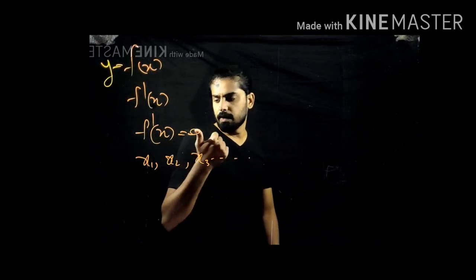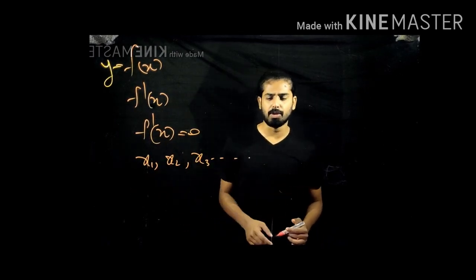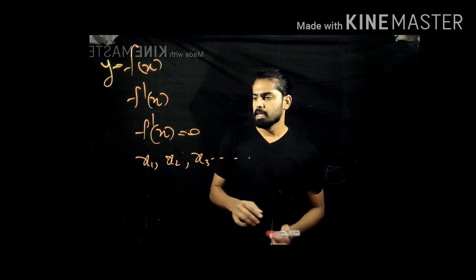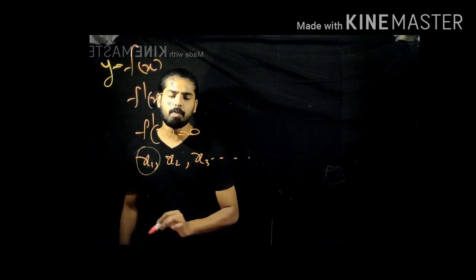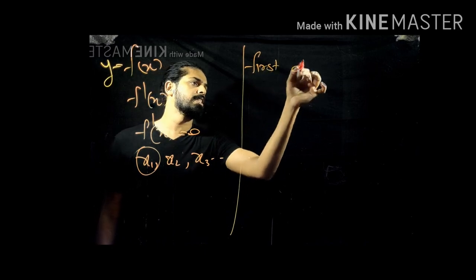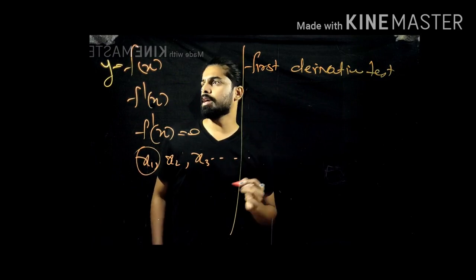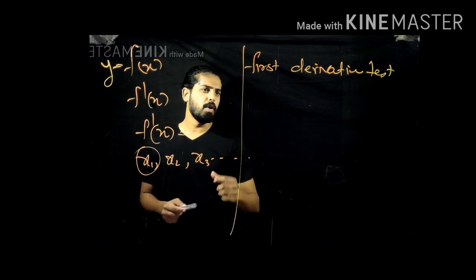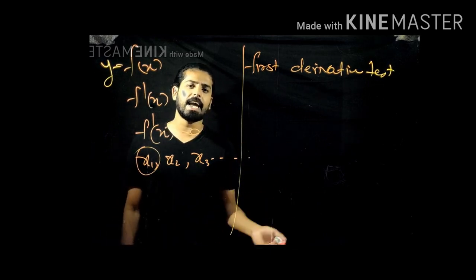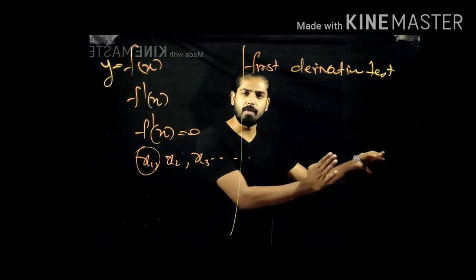You solve f dash x equal to 0 and you get x1, x2, x3 as solutions. Then x1, x2, x3 may be points of maxima, minima, and inflection. So how will we figure out that x1 is a point of maxima? For that, you have the first derivative test. You check whether f dash x changes its sign from positive to negative or negative to positive as we increase the value of x.